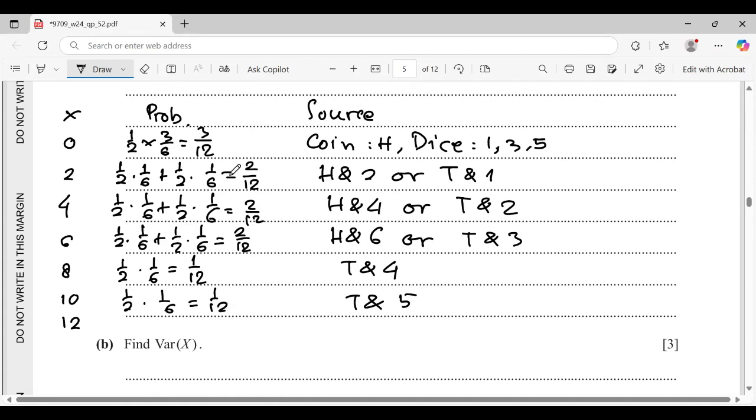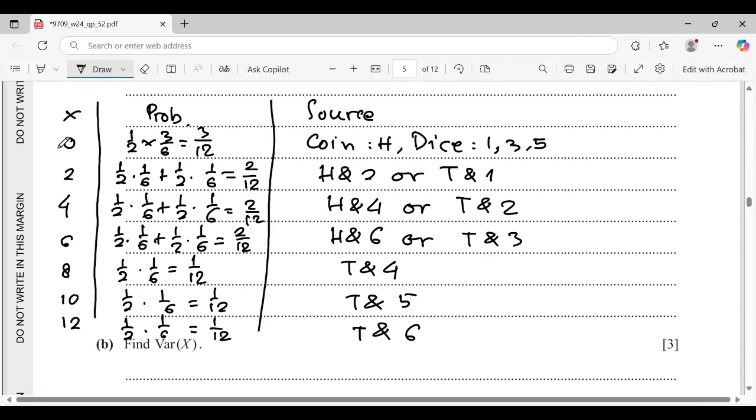And if x equals 12, the source is tail and 6, and the probability 1/2 times 1 over 6 equal 1 over 12. So this is the table. We can create a straight line here and a straight line here, to make a table like this.